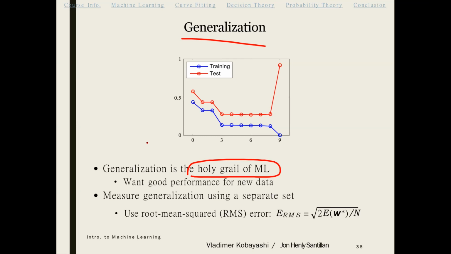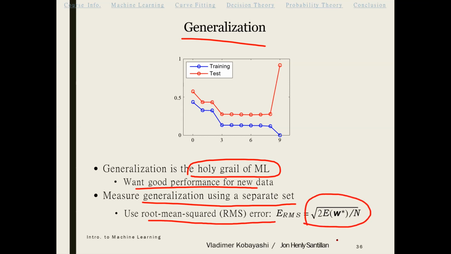So yan yung tinatawag natin overfit. Lahat na lang gawin natin cat. No. And that is the holy grail of ML. Because we want good performance not on the data that we use to train our model, but also on new data generated by the model. And usually we measure generalization using a separate set, and we use root mean squared error. And this is the root mean squared.